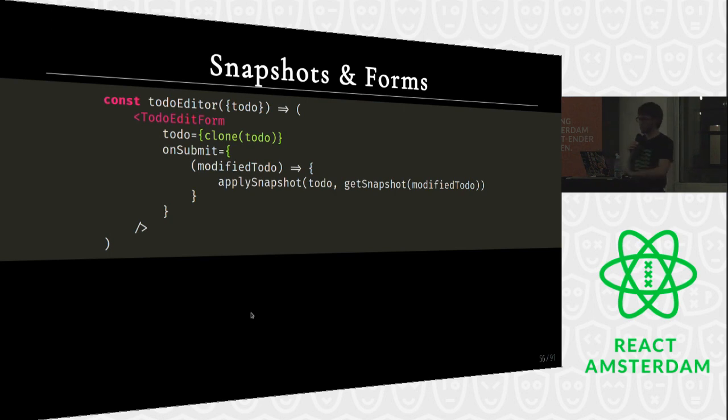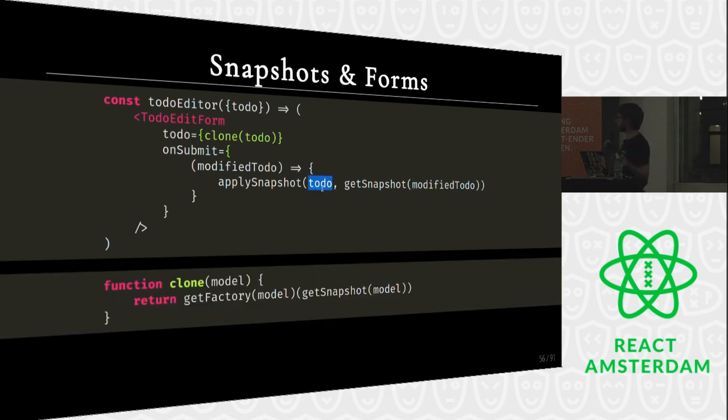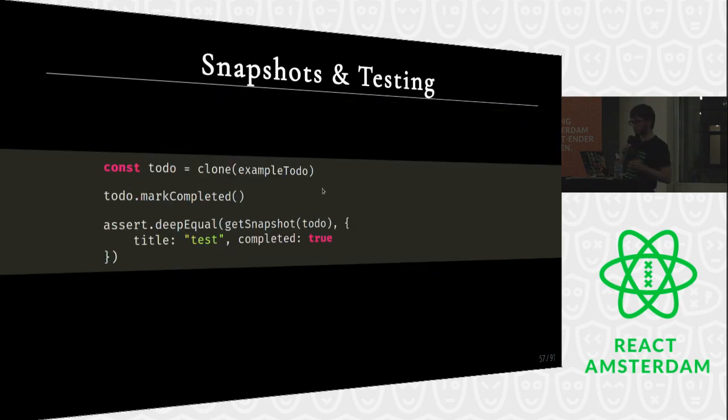So what you can then do is just clone the to-do, pass it to the form, and whenever the form is submitted, take the snapshot of the cloned to-do and apply it back to its original. And actually clone is just invoking the factory of the model with the snapshot of the model. Then you get a new copy of the exact same instance.